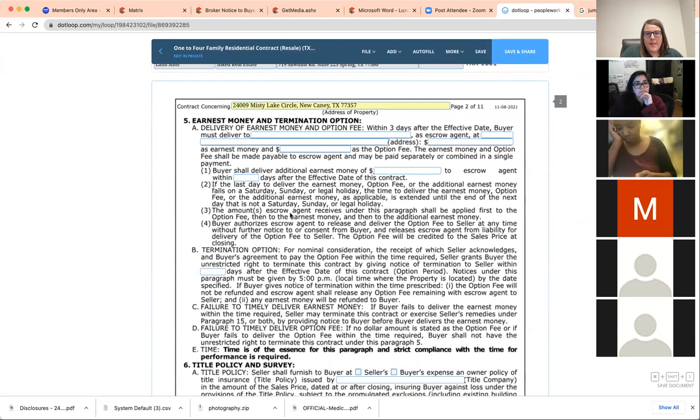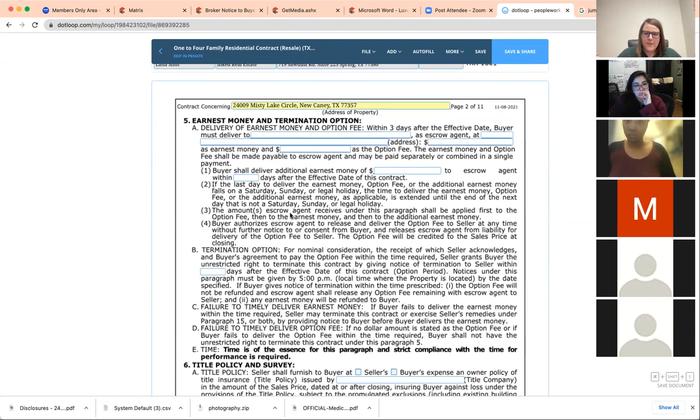Okay, earnest money and termination option. Obviously, one of the most important sections, because this is the only section where time is of the essence in our contract. What that means is if these days are not followed, then things actually happen automatically.